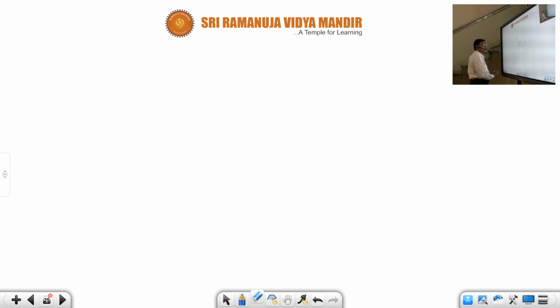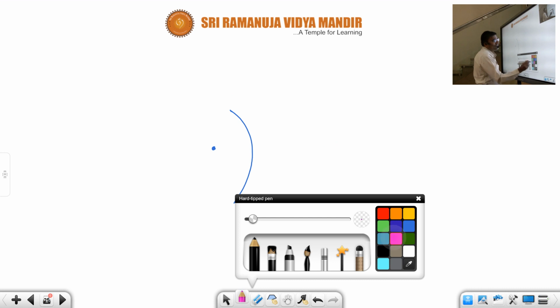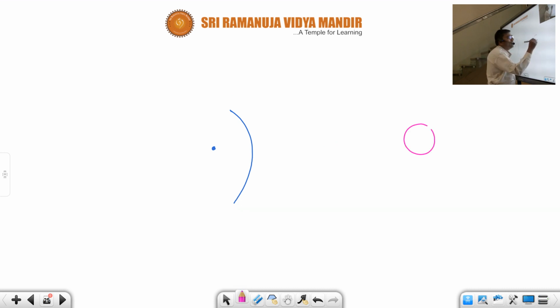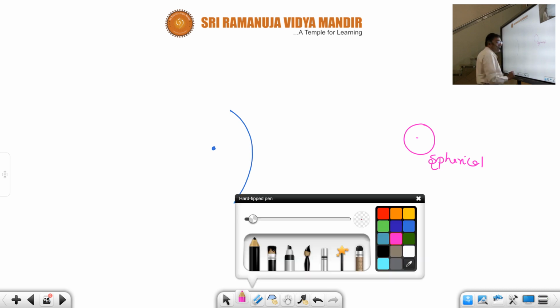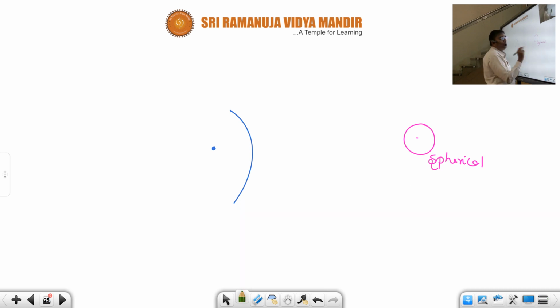Similarly, you can take the electronic configuration of helium. Try to understand, students. This is an s orbital, and the s orbital is spherical in shape. In this room, 2 members can be accommodated.